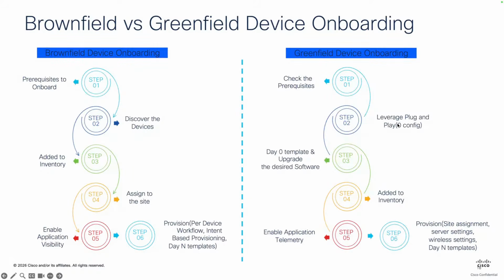For Greenfield, we will leverage everything on plug and play. Plug and play will automate the day zero configuration and ensure that running the correct software version before you proceed with everything. And it will push some settings. We'll do the upgrade first, add it to inventory, enable application telemetry, and then you will be able to provision with some configuration push from Catalyst Center.